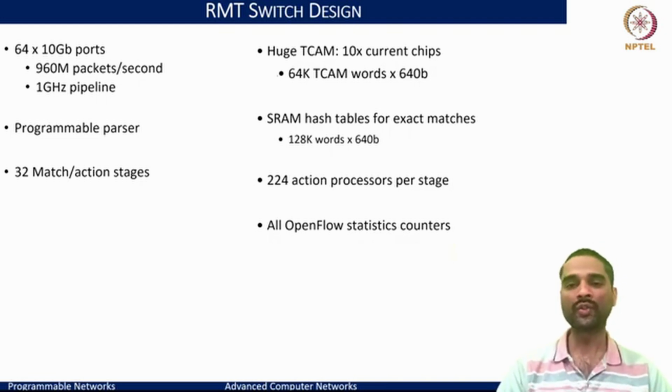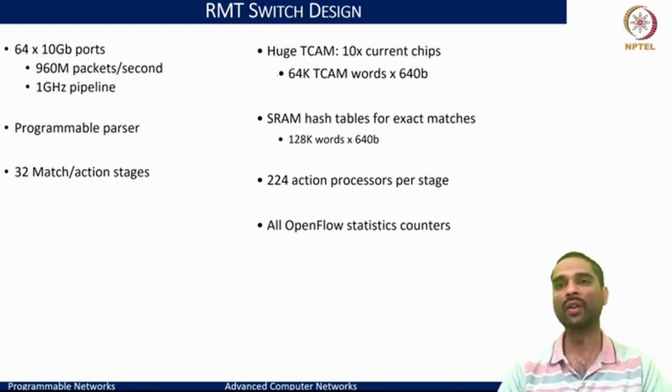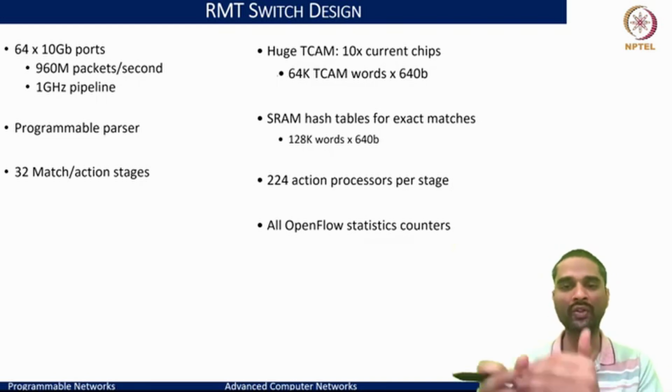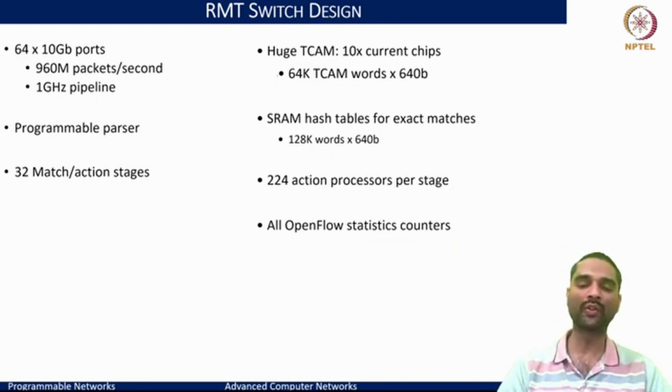And also this adds to the memory overhead in terms of the SRAM hash table, where if you want to manage the exact matches, you would keep the entries as a hash, try to see how many things you can match on, and that's done as 128K words of 640 bits each.